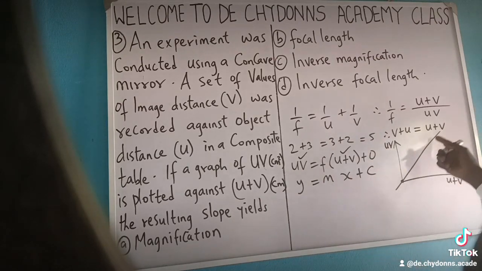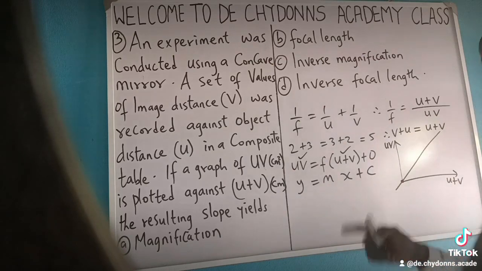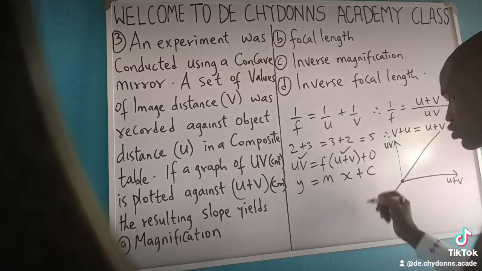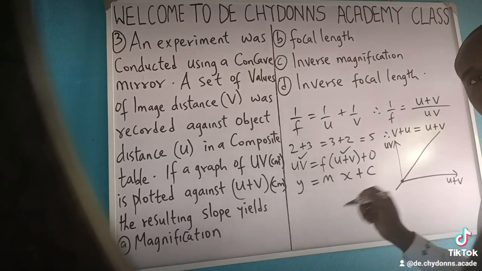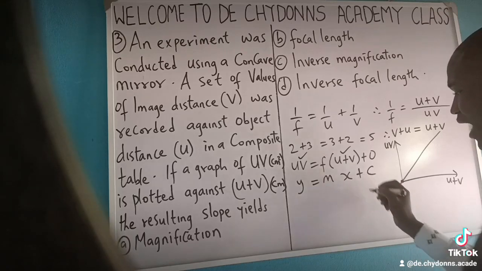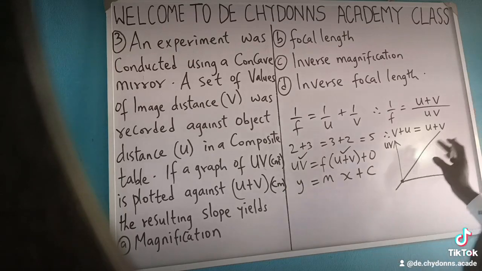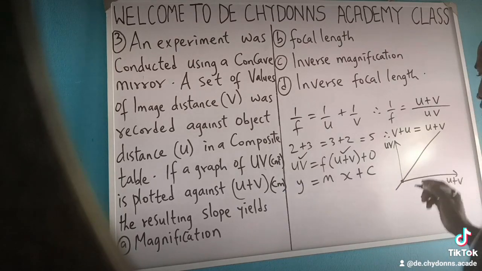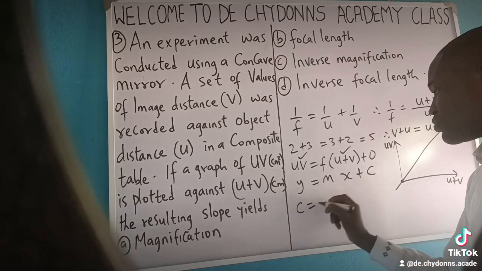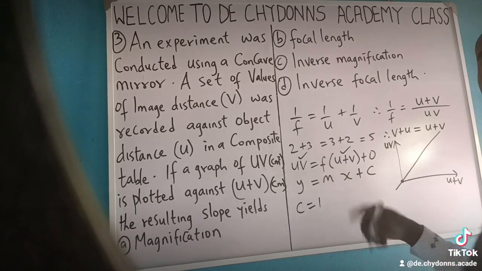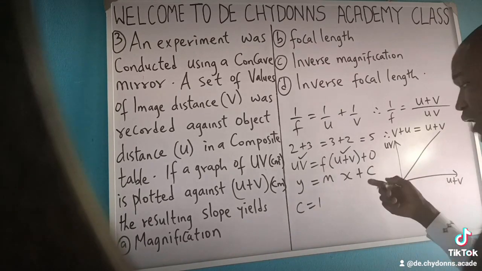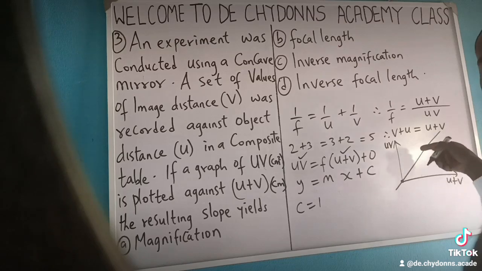So if we couldn't pass through the origin, ensure that you conduct error analysis and attach the error encountered as well. When you finish writing your answer, let's say I got my intercept to be 1, I must solve my error as well.